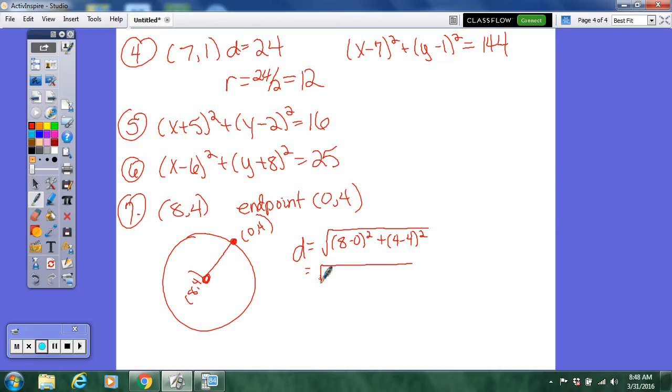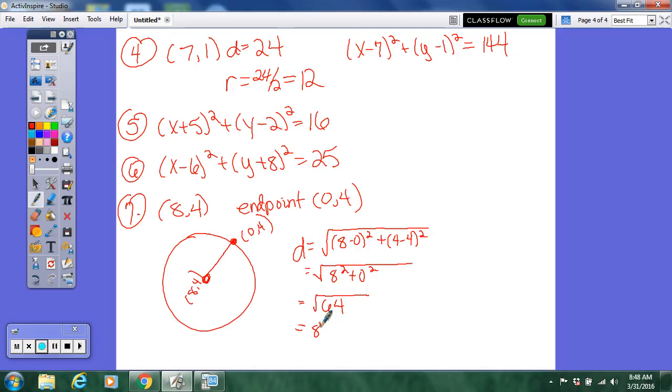You could put that all in your calculator, but it's pretty simple. 8 minus 0, 4 minus 4. So you get the square root of 8 squared, which is 64, and the square root of 64 is 8.